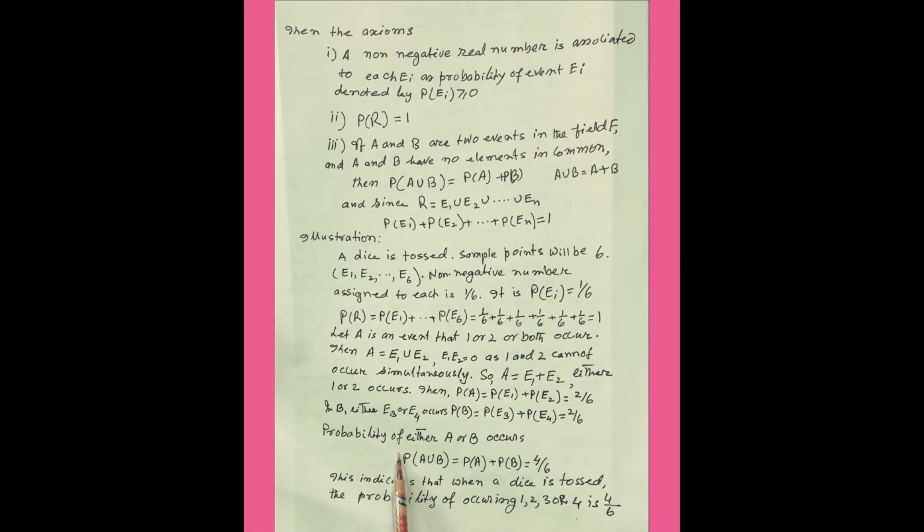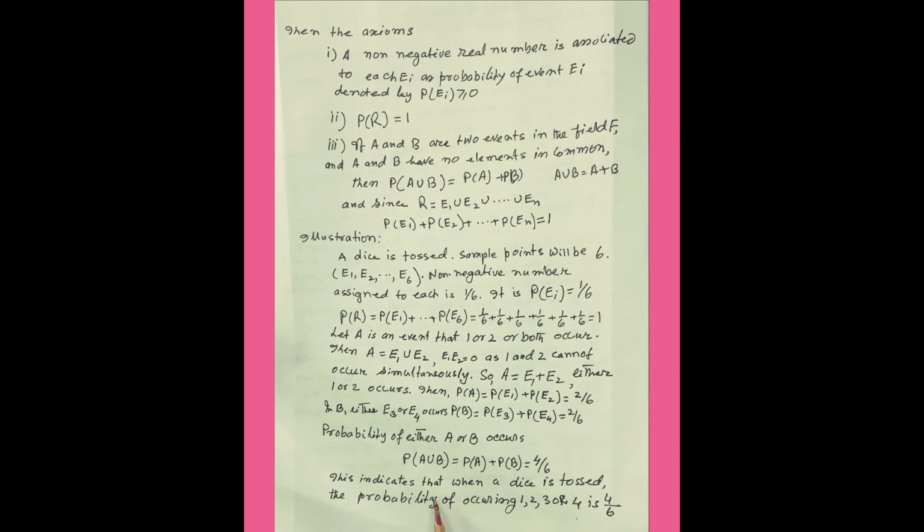Then the probability that either A or B occurs is denoted as the probability of A union B. That means the probability of A plus the probability of B is equal to 2 by 6 plus 2 by 6, which is equal to 4 by 6.